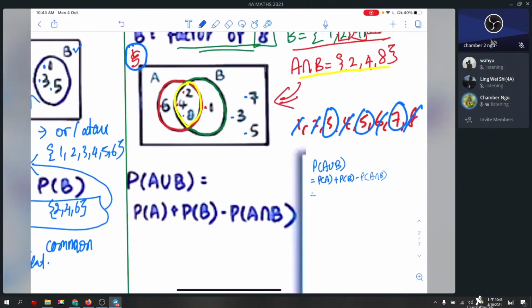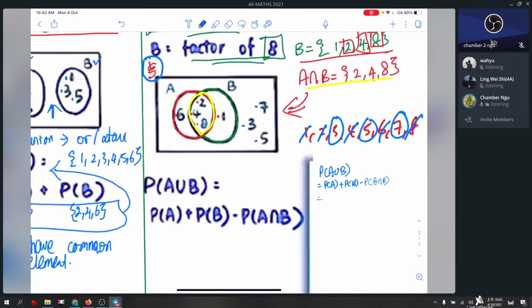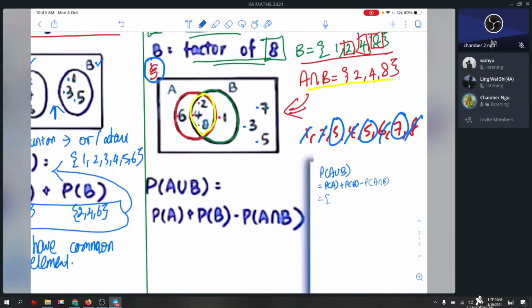Okay, the element in the set A is 2, 4, 6, 8, right? Okay, plus the element in the set B is 1, 2, 4, and 8.